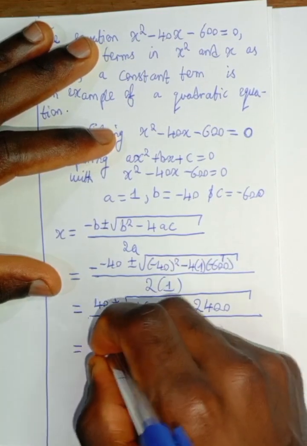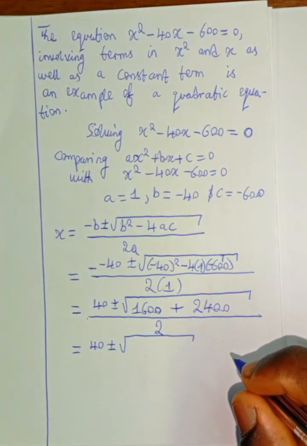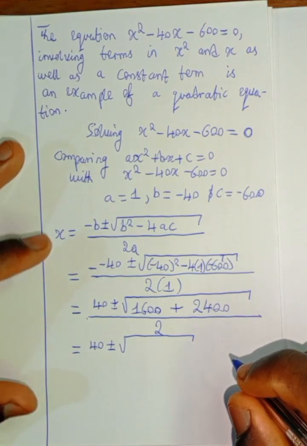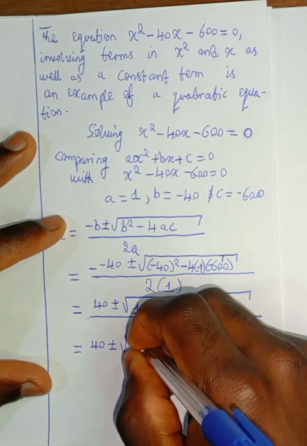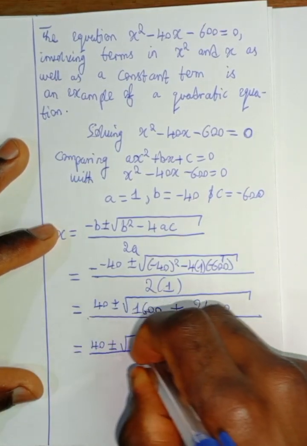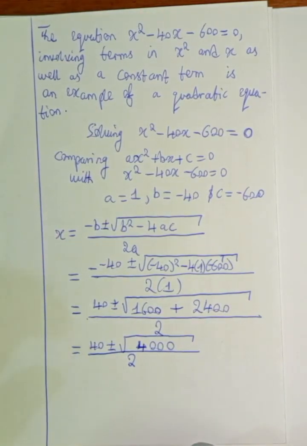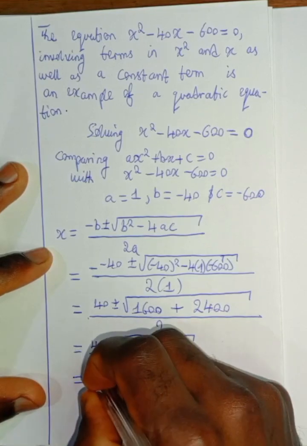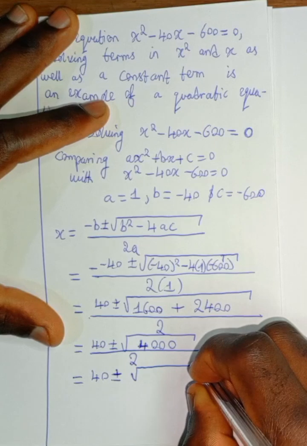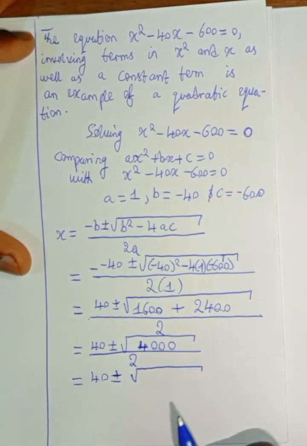This will be equal to 40 plus or minus the square root of, we are going to add 1600 plus 2400, which gives us 4000. We divide by 2. Next step, we know this will give us 40 plus or minus the square root of, we are going to express 4000 as a product of two numbers, such that one of the numbers is a square number.